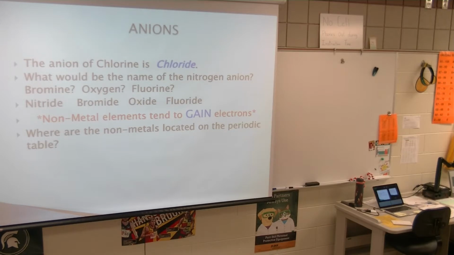All right, so here we go. On my periodic table, there's a red staircase. If it's not on your periodic table, put a dark line where that staircase is, please.